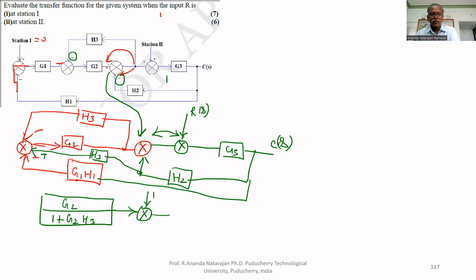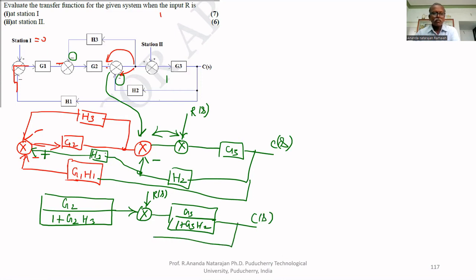Here R of S is coming in. And this is simplified, G3H2 is simplified. That's why we can write G3 divided by 1 plus G3H2. This is minus, this is plus, because two negative signs. G3H2. This is C of S. The feedback is coming, H2, H3.